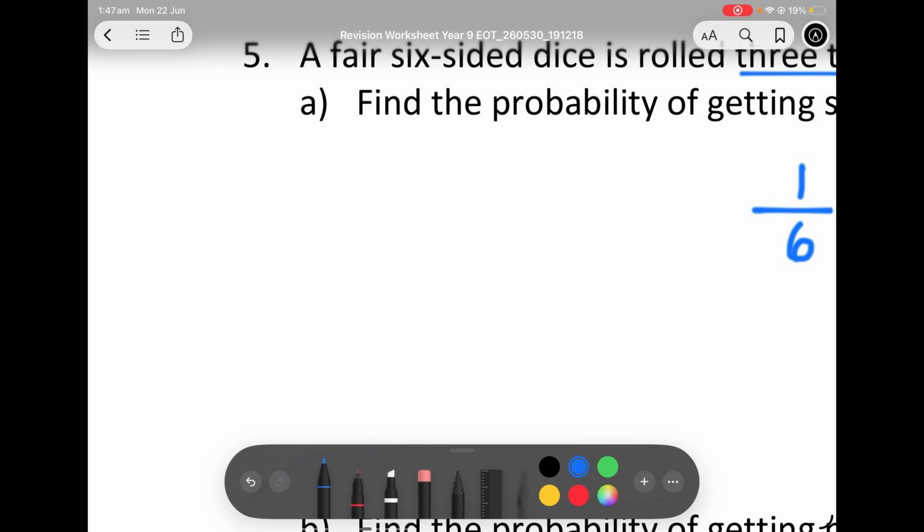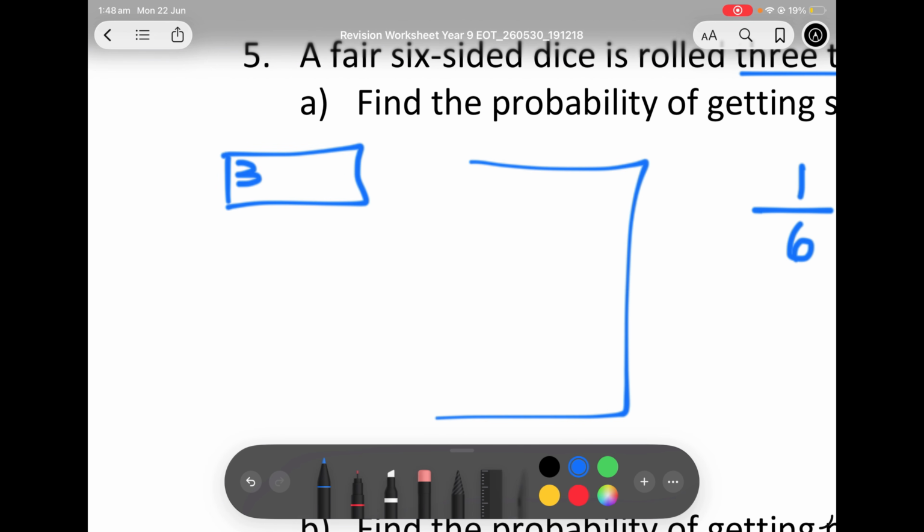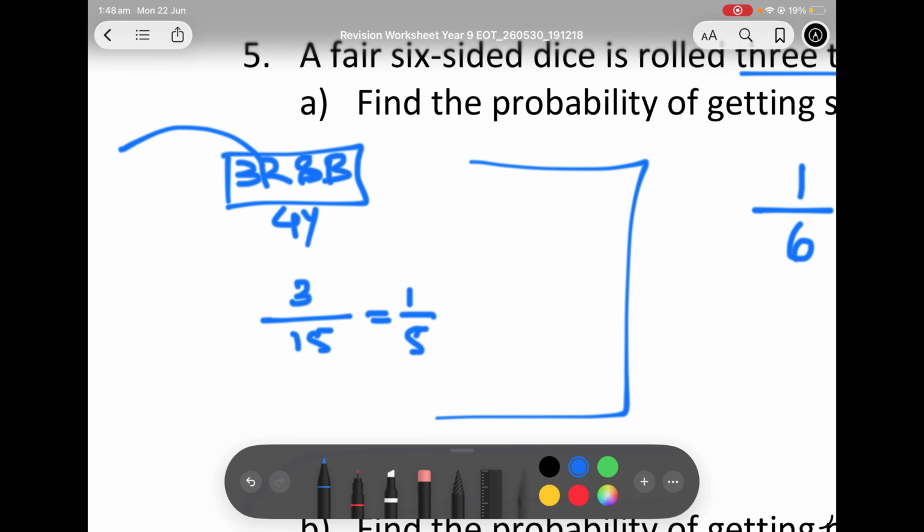Now with respect to this question I'm explaining, a boy is picking out balls from a bag. Let's say 3 red balls, 8 black balls, and 4 yellow balls are there. He takes out a ball, and the probability that it is red is 3 over 15, which turns out to be 1 over 5 if I reduce it.